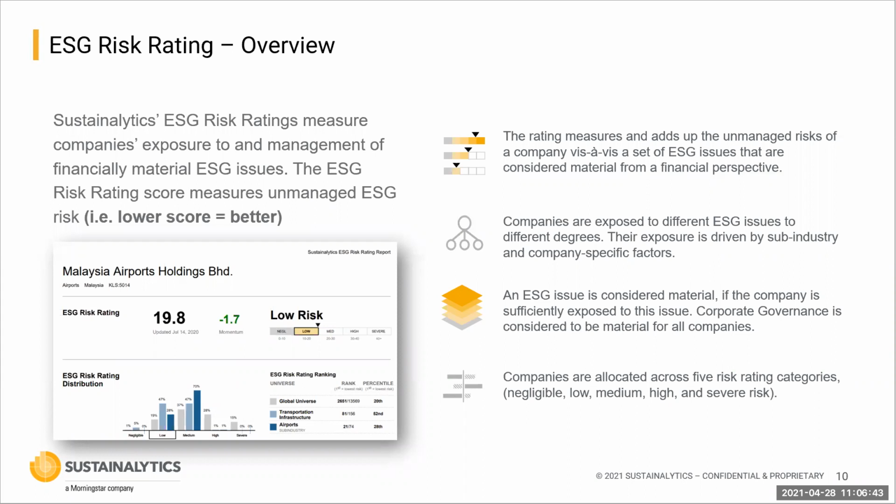A couple of key messages: because the score is absolute, the risk metric is comparable across companies and across sub-industries. As you can see on the last bullet, there are 5 risk categories from negligible to severe. I've included a snapshot of Malaysia Airports to give you a more tangible sense of what this looks like at a very high level for the ESG risk rating.